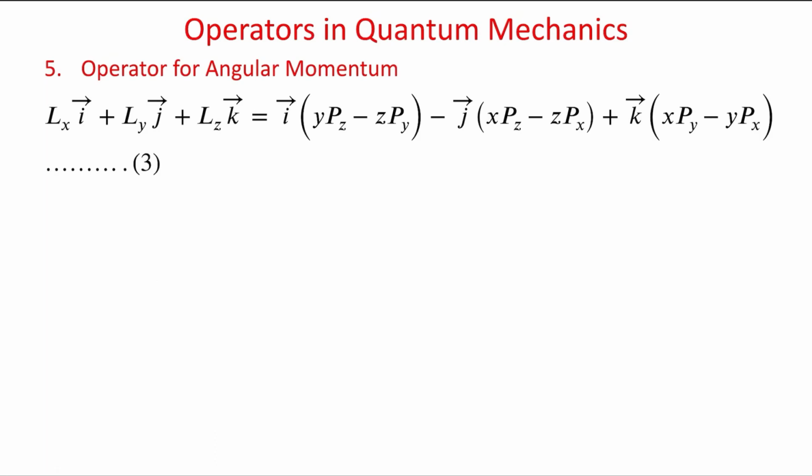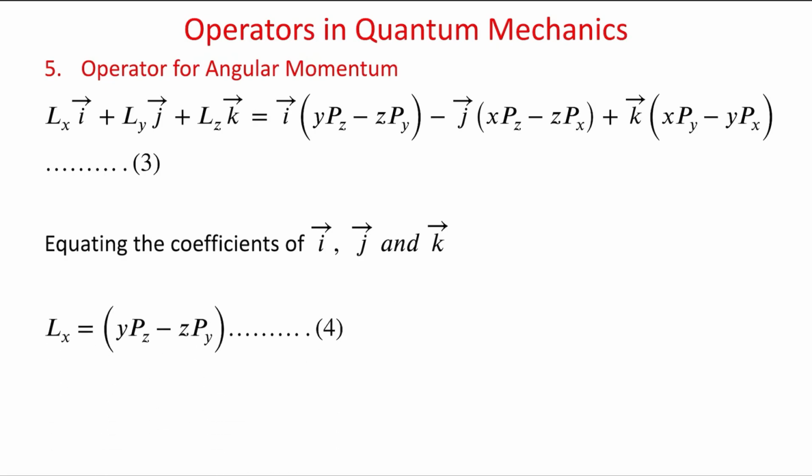Expanding further, this is equal to i (y pz minus z py) minus j (x pz minus z px) plus k (x py minus y px). This is our equation 3.